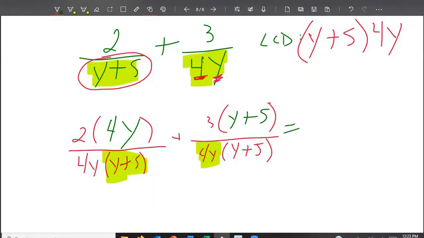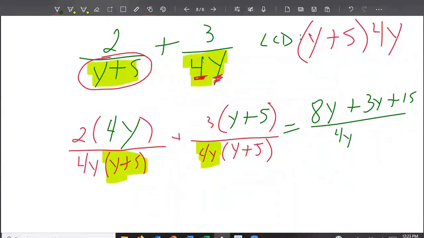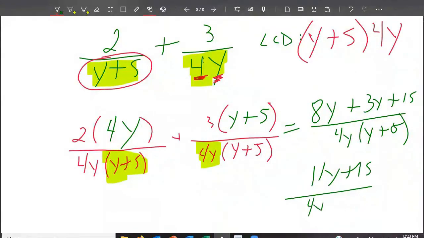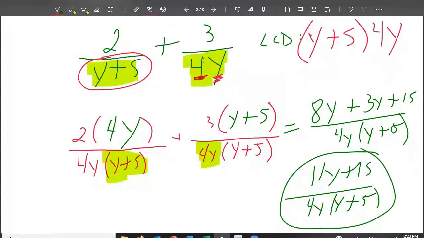Do the distributive property. 8y plus 3y plus 15. Combine like terms. And we get this. That's the final answer.